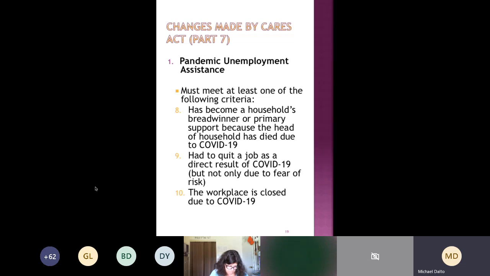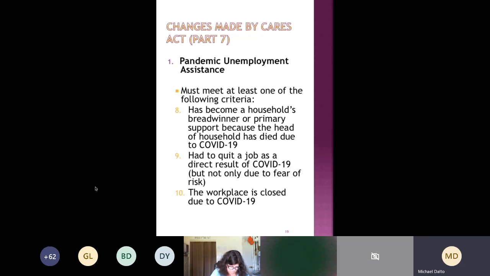What I can tell you is that members of Congress have been quoted as saying that the CARES Act was not intended to apply to anybody who just quit their job because they thought they would be safer staying at home than going to their workplace.